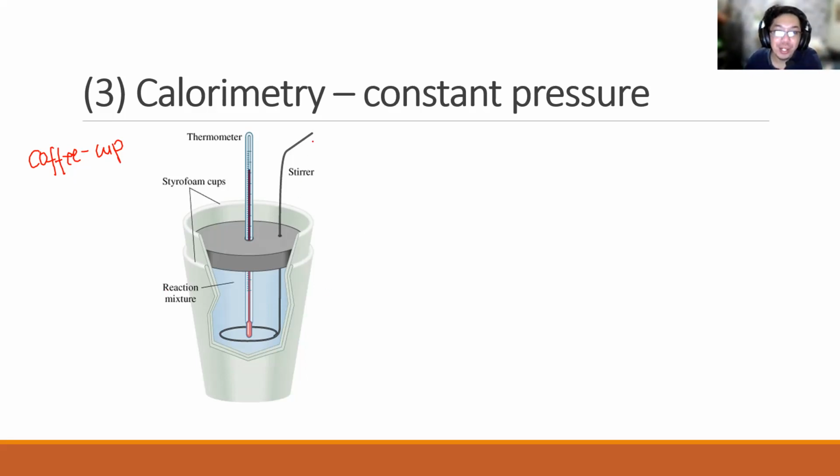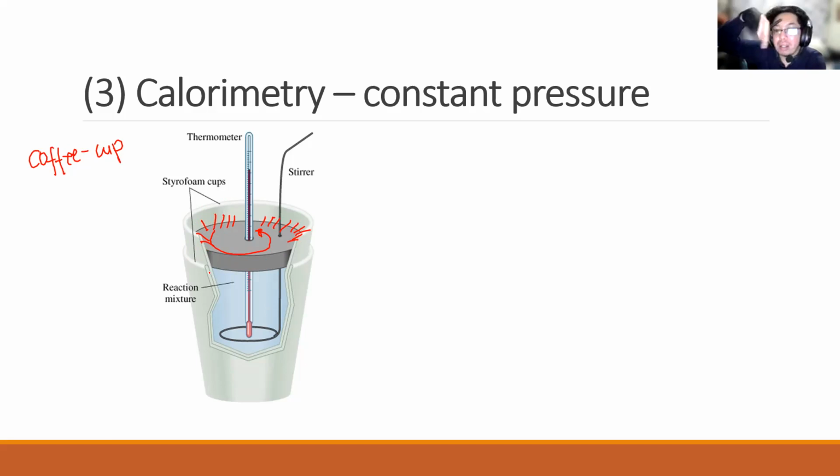The stirrer, even if you just move it like this, the solution will literally stir. We don't literally rotate it, but if this can be rotated, that's fine. Usually, to make the system isolated, we place clay or any insulating material here. You can also use paper, tapes and all, but usually clay is better.